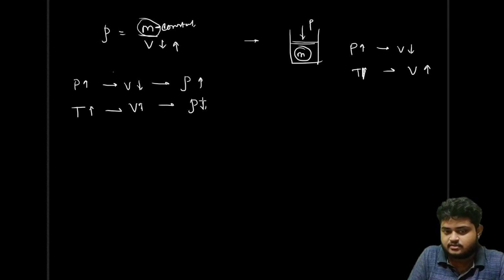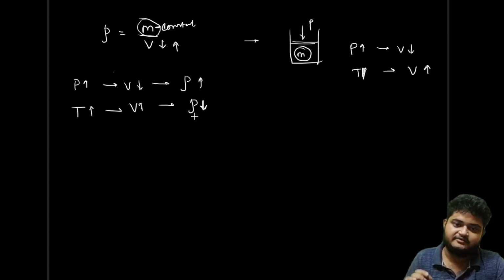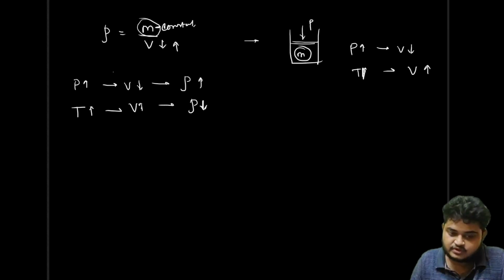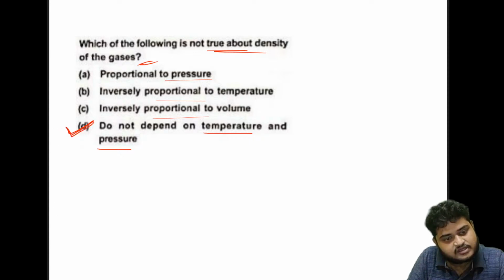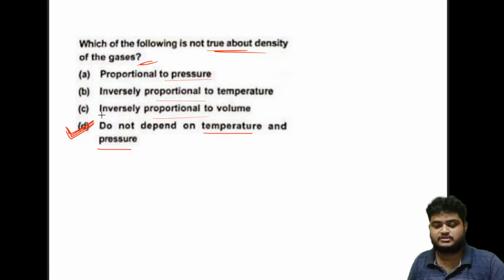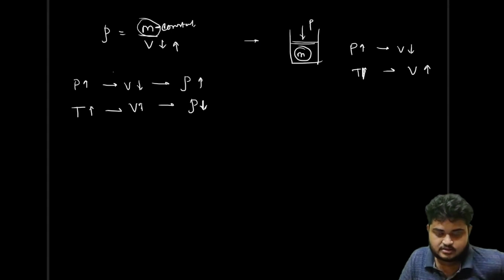That is how it depends upon temperature and it depends upon pressure also. So this is the right option, which is actually a wrong statement, but the option is right for the question that asks which is not true about density. Okay.